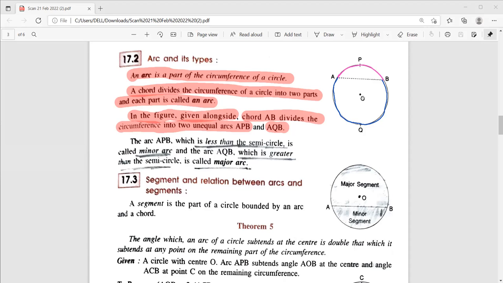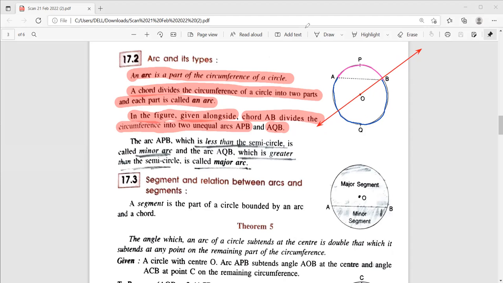So see here, this is a semicircle. You can say this part of the circle is a semicircle. This is one semicircle, and here you have the other semicircle. There are two semicircles, each half the circle.